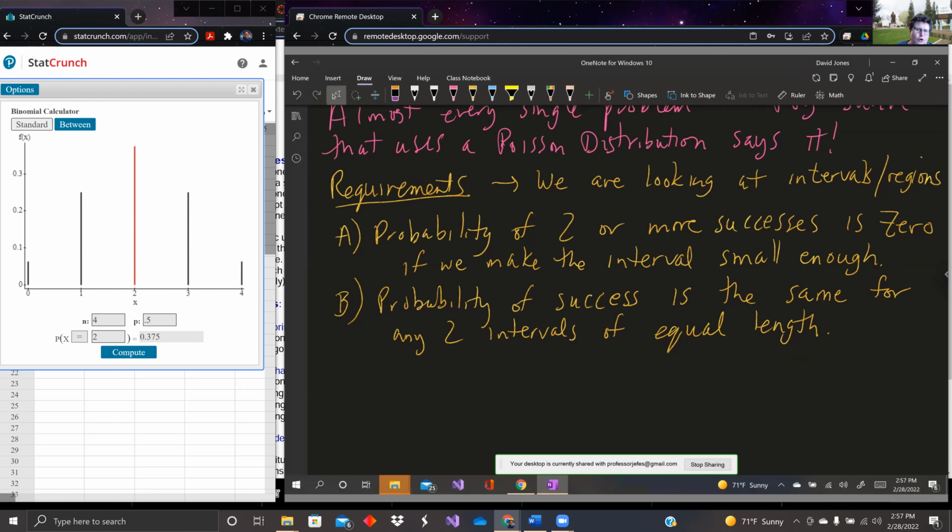And like the phone call thing I was just talking about, let's say you go from 4 o'clock exactly to 4 o'clock 3 seconds later. That's a 3-second interval. And then we wanted to look at like 4:31 and 30 seconds to 33 seconds. That would be a 3-second interval. The probability should be the same between any of those 2 intervals.